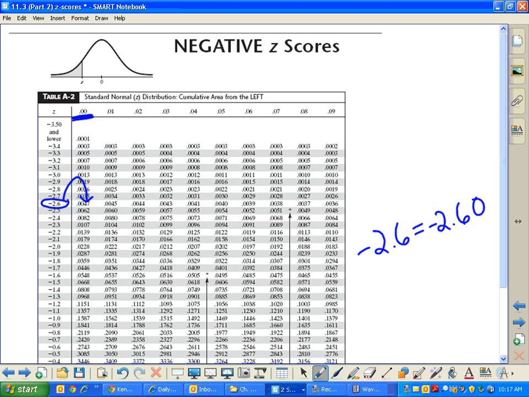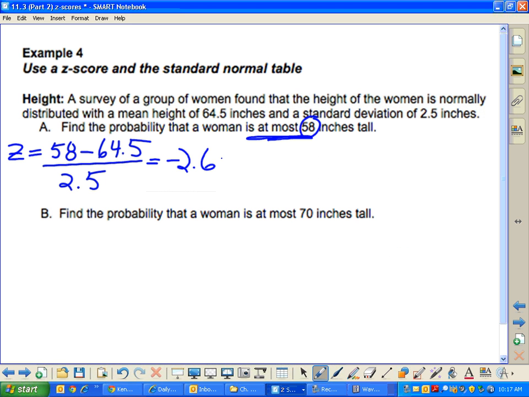The percent chance that a woman is at most negative 2.6 standard deviations below the mean is 0.0047. So this gives me 0.0047 when I look up that z-score.